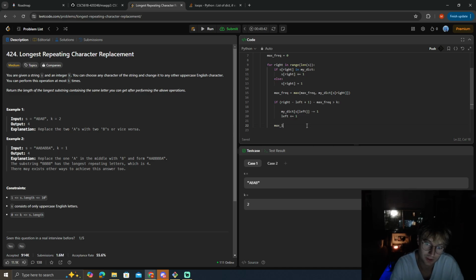And then we update our max length. Max length is equal to the max of max_length and the window length, right minus left plus 1.